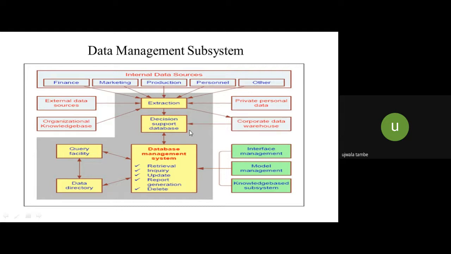After that, the model management subsystem. The model management subsystem provides us four basic functions. As we know, any model is made by using some programming language. A model is nothing but a small piece of software through which we can update our data.